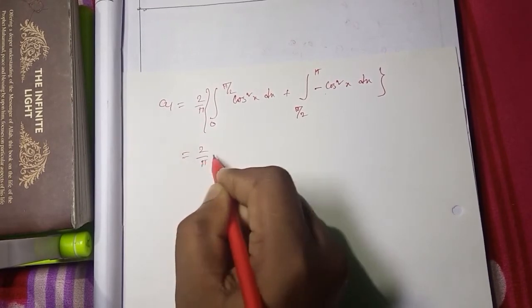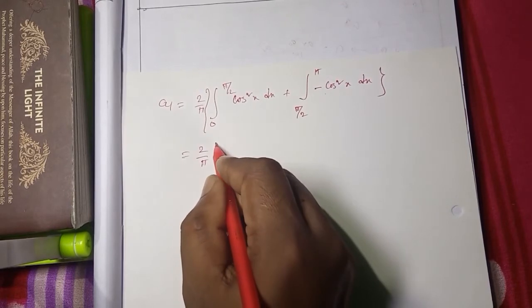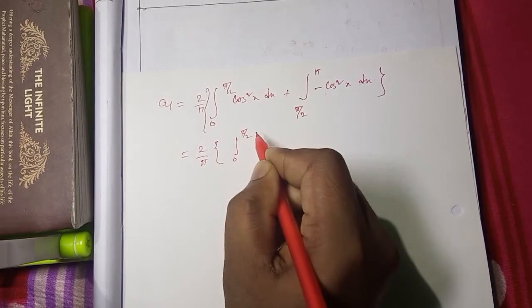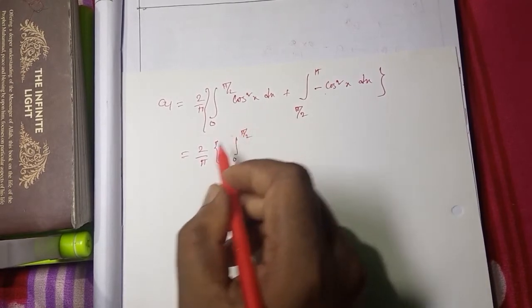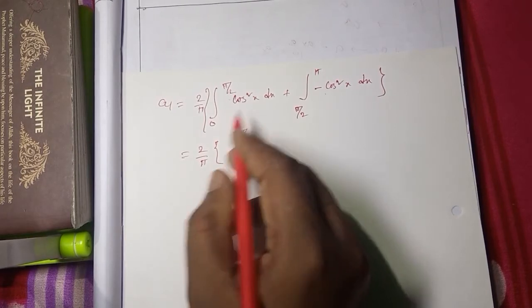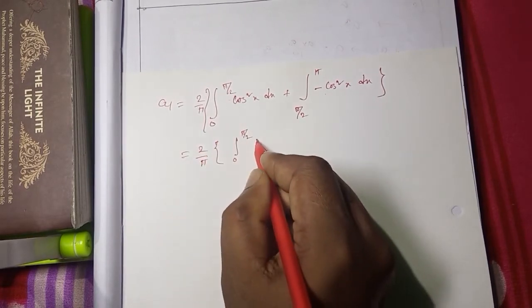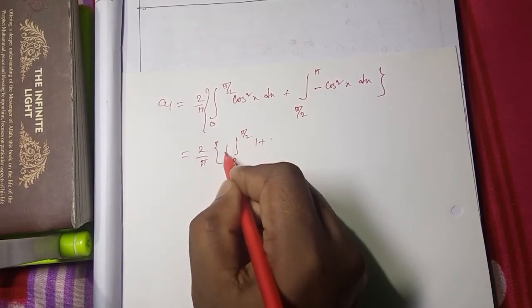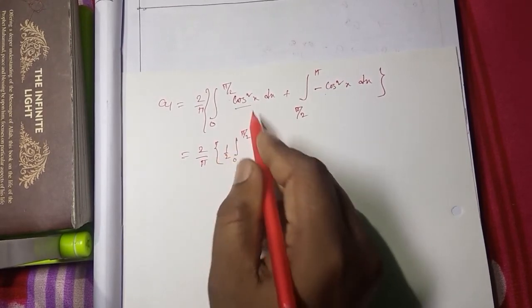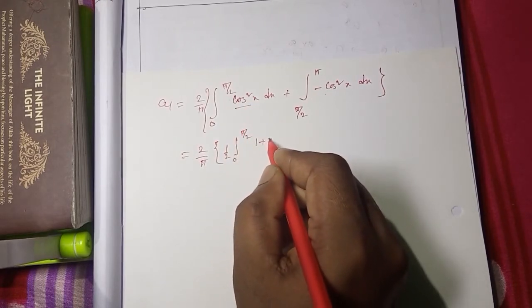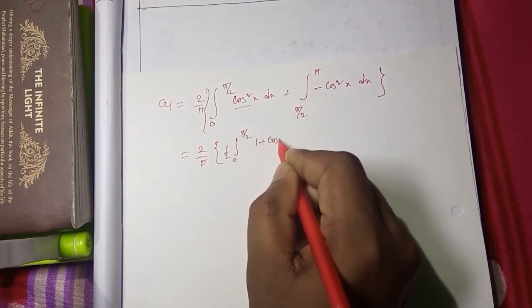2 by pi integration 0 to pi by 2. If we multiply these two here, then 2 cos square x, and this gives 1 plus cos of 2x.